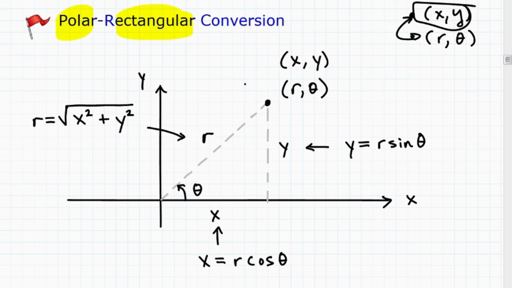I need to get this radius and this angle, and then I have a polar coordinate. Well, it's pretty easy to do. This is basically a right triangle, so I can use the Pythagorean theorem, x squared plus y squared equals r squared, and take the square root, and this will give me this hypotenuse. That's pretty straightforward to get that r.